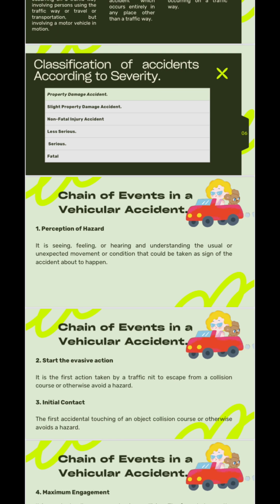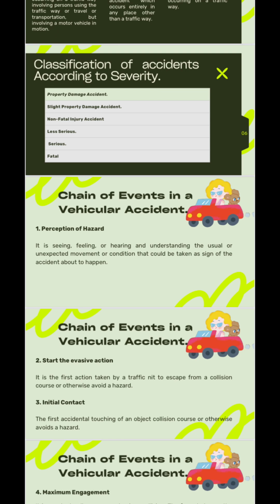Example, a driver is involved in a car crash and suffers a broken arm and a few bruises. They receive medical treatment, undergo surgery to repair the arm, and after some time, they make a full recovery.